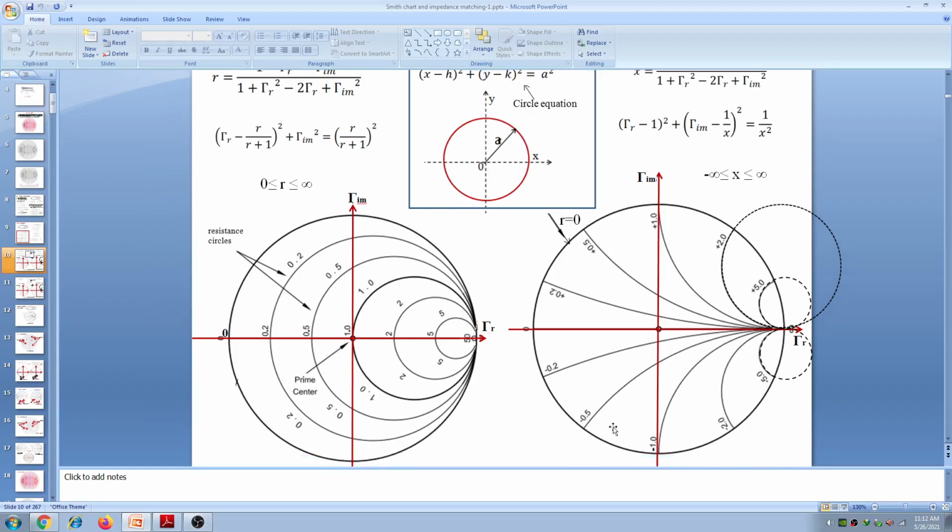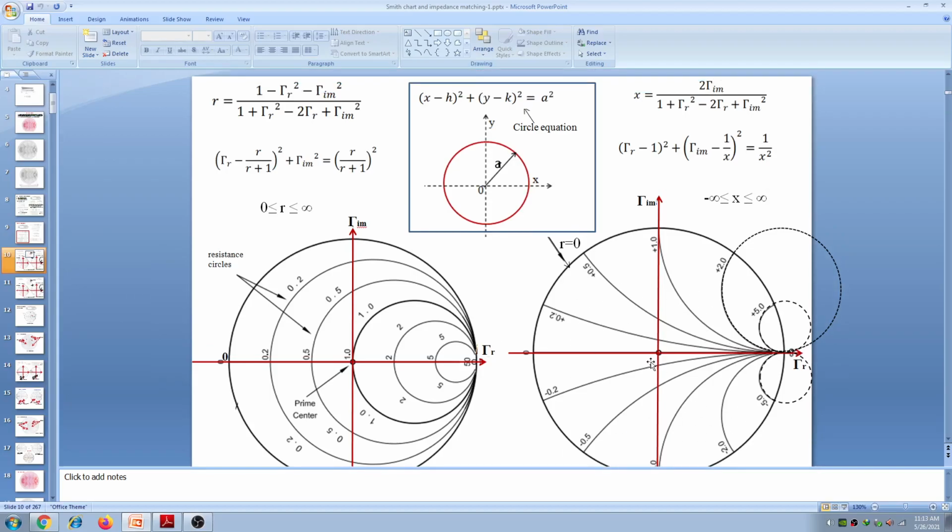Okay, so the negative values of x are minus 5, minus 2, minus 1, minus 0.5, minus 0.2, and maybe one more if you draw for minus 0.1, it may be like this. And 0 again here, the 0 circle looks like a straight line because of infinite radius. Okay, so like that these circles are there on the Smith chart.